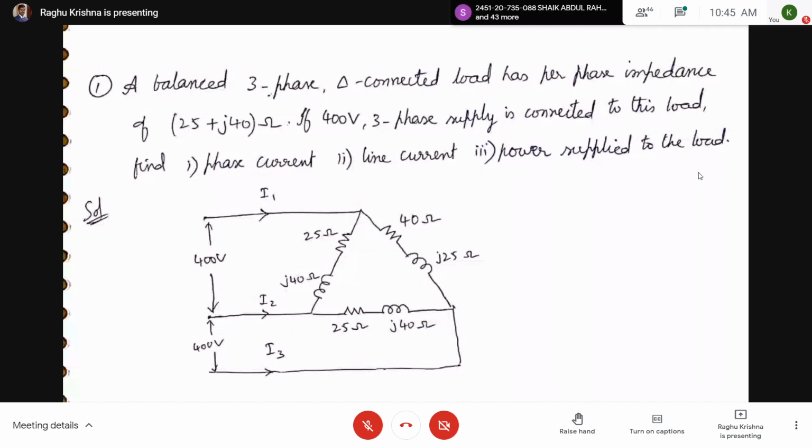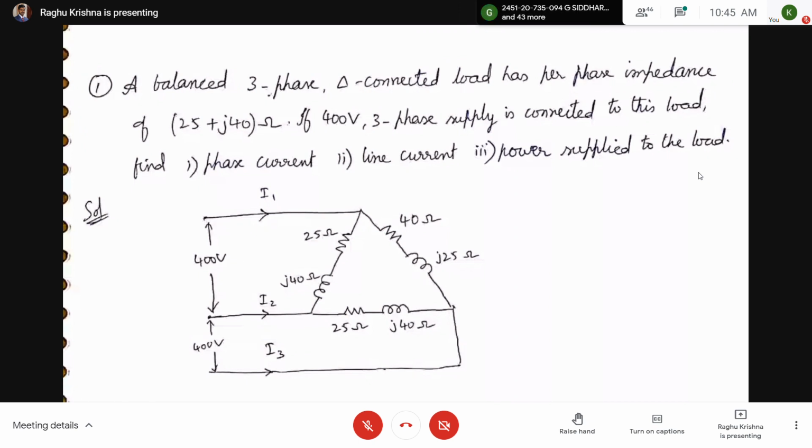A plus J will come only for the inductive, and minus J will come for capacitive reactance. So each phase will have a resistance of 25 ohms and an inductor with J40.